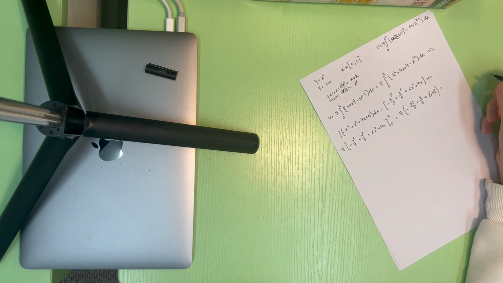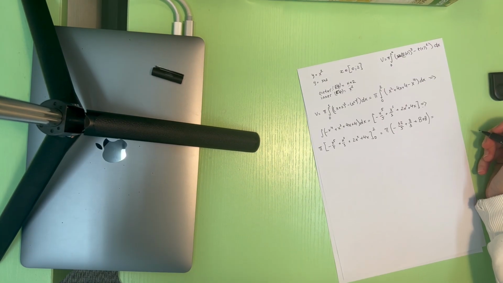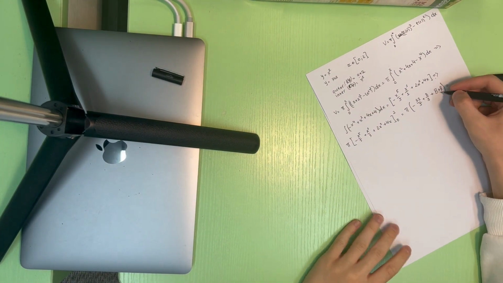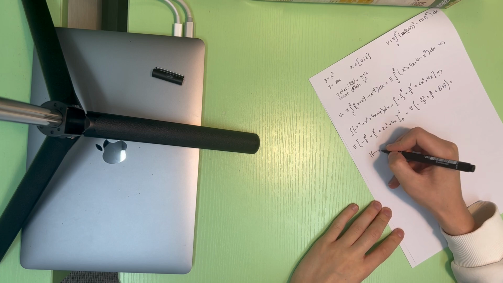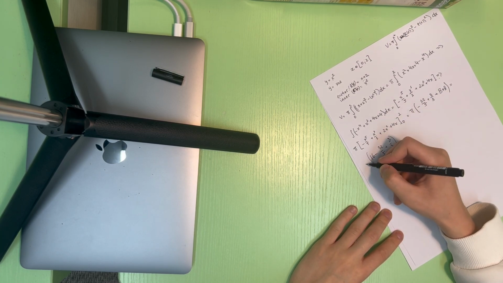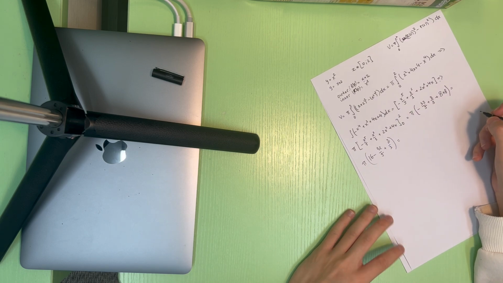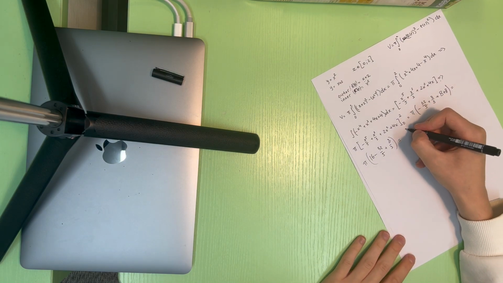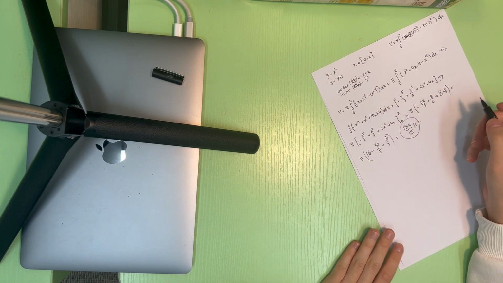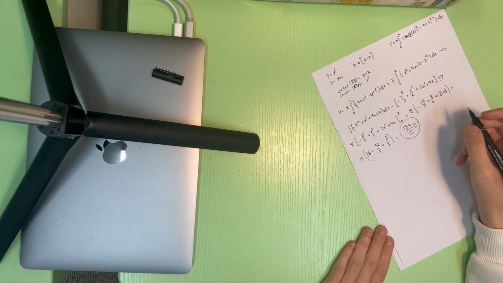Let me check the equation. So let's continue. This equals 16 minus 32 divided by 5 plus 8/3, multiplied by pi, and it will be 184 divided by 15 multiplied by pi. So that will be the volume of our figure.